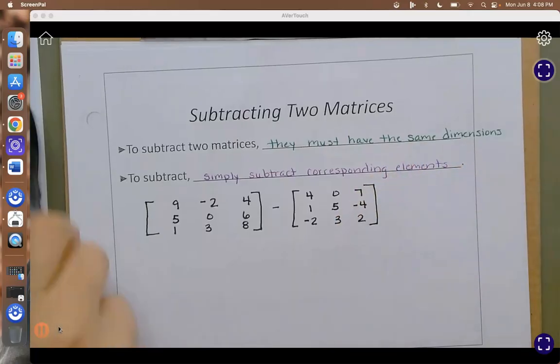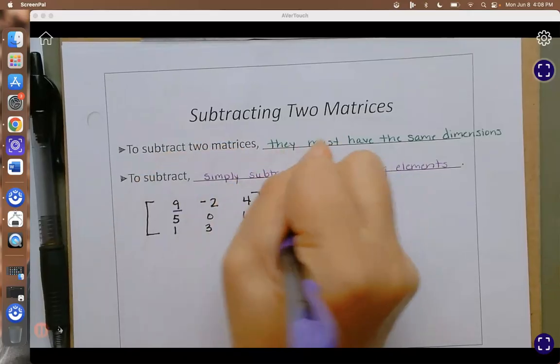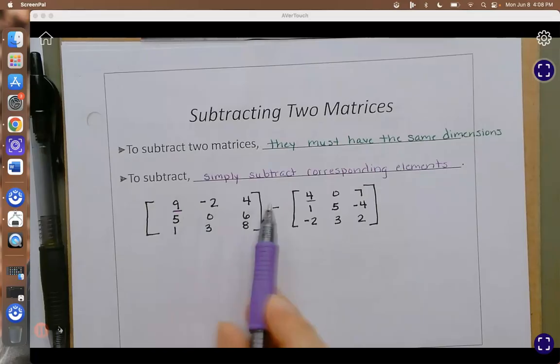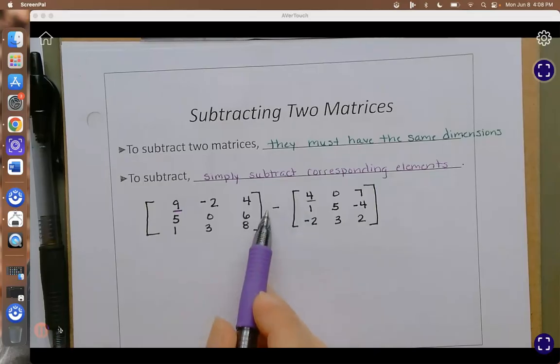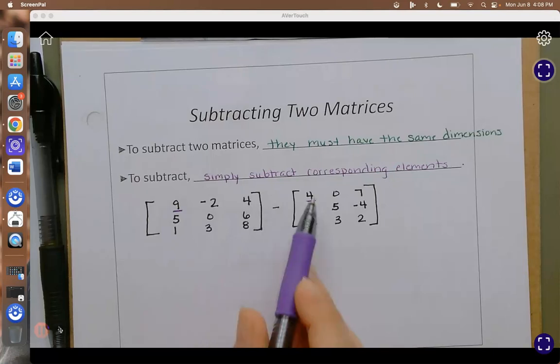Now, 9 minus 4. One way you can do this, it's super simple when they're both positive because you just do 9 minus 4. But what if this were negative? Then you would really change this to, if this were -4, it'd be 9 and a +4.